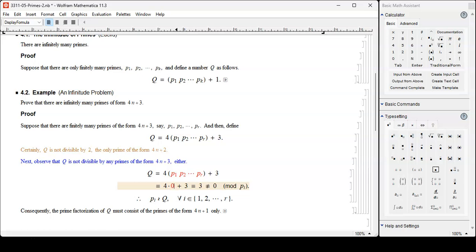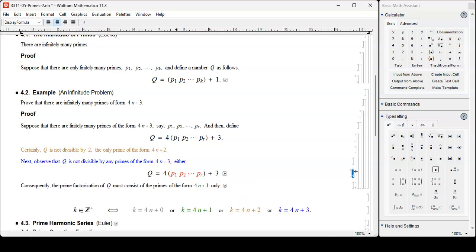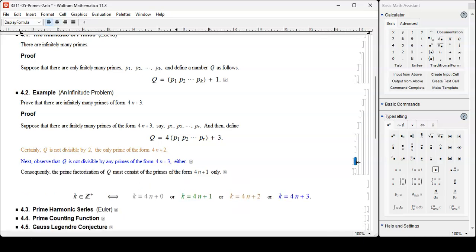So 4 times 0 plus 3, so we have just 3. So the remainder is 3 modulo pi. What does that mean? No pi divides Q. Pi does not divide Q for any i, 1 through r. So blue is done. Capital Q is not divisible by any primes of the form 4n plus 3.